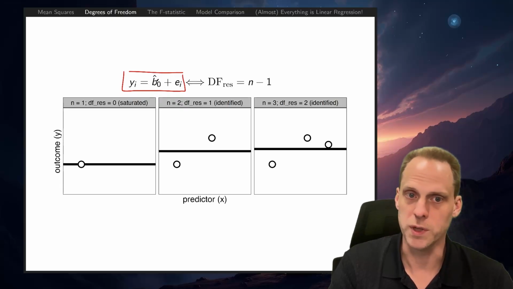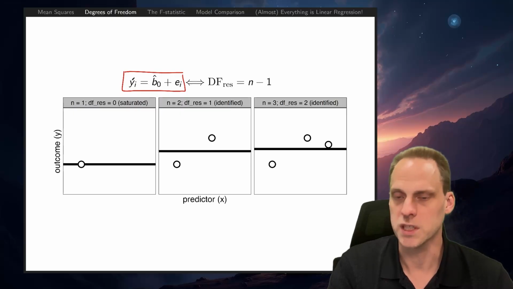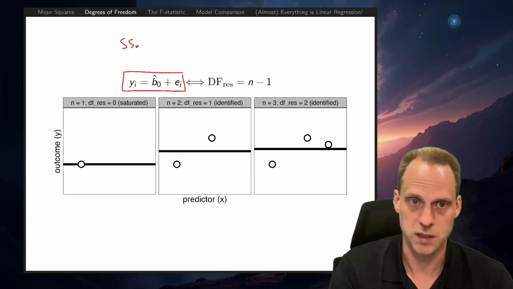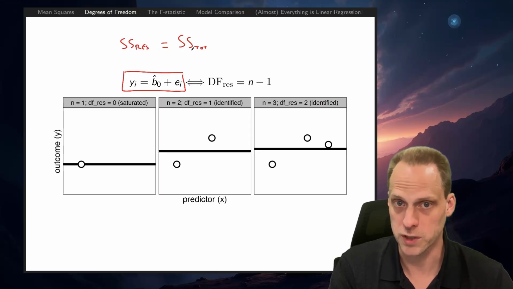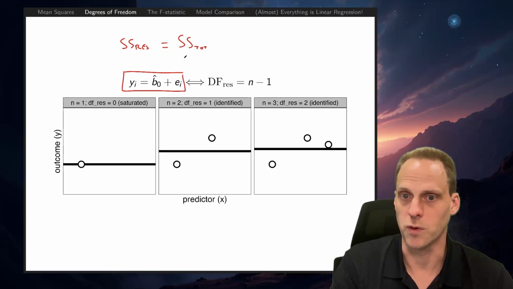In this case, it will be the mean. So the residual variance around this model is the same as the total variance. In this case, SS res of this model equals SS tot. The SS res depends on the model. SS tot is always the same. It always is around the mean. In the other case, it won't be the case.